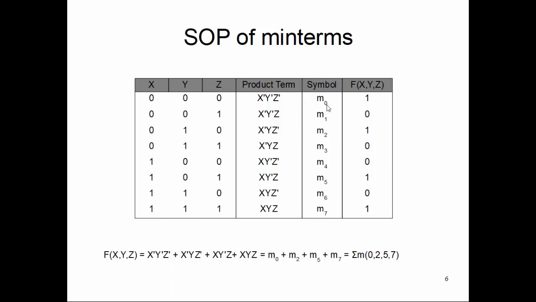If you look at the subscript index of each symbol, what we are writing down is the decimal value represented by the 3 bits, isn't it? 0 0 0 is 0, for example, 1 0 0 is 4, 1 1 0 is 6, 1 1 1 is 7, so 1 1 1 is m7. 1 1 1 in binary represents the decimal 7, so we put that 7 as a subscript of this symbol and make it m7.